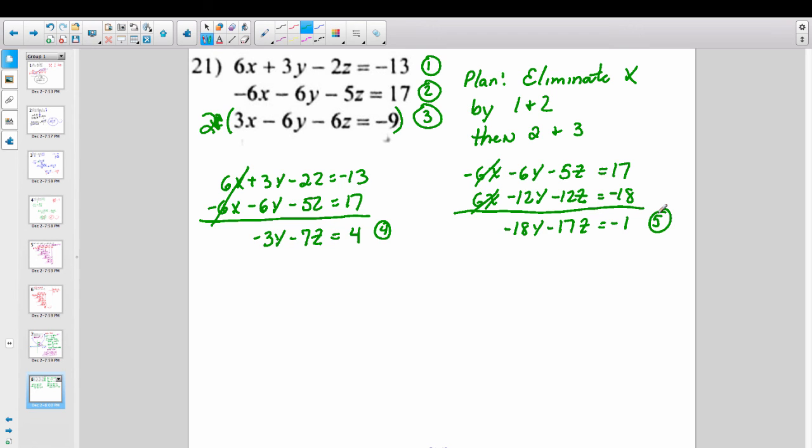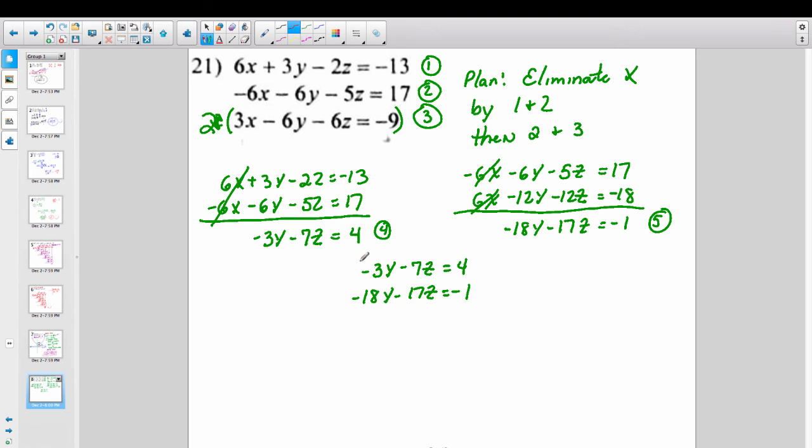Okay, so now looking at 4 and 5, let's get rid of another letter. So let's place them on top of each other and see what we can do. Negative 3y minus 7z equals 4. Negative 18y minus 17z equals negative 1. Okay, how about this?